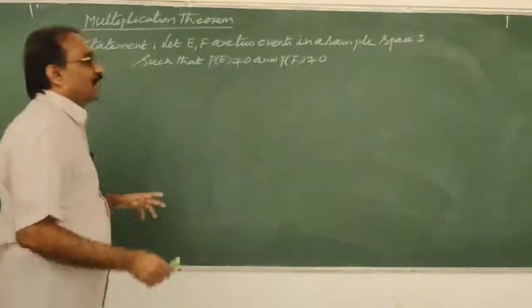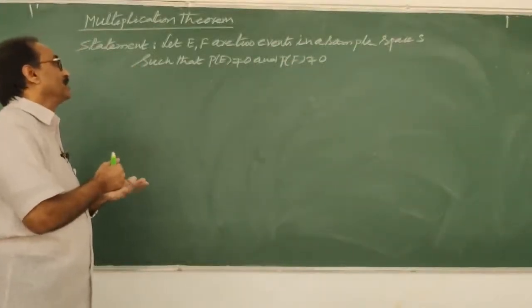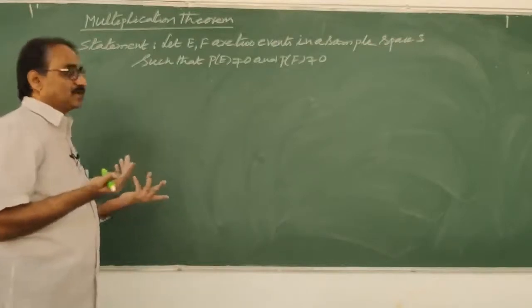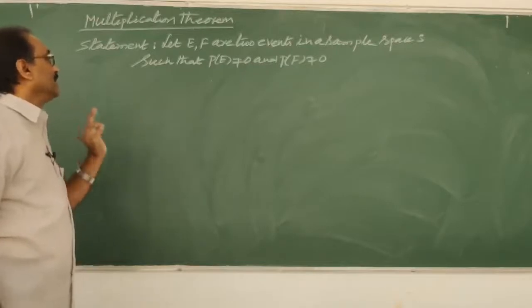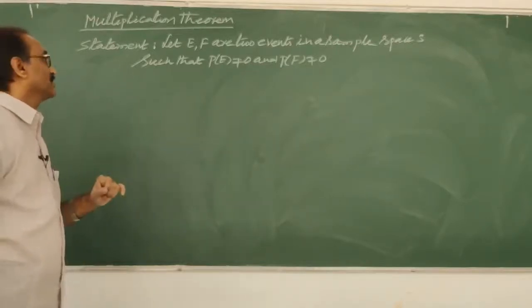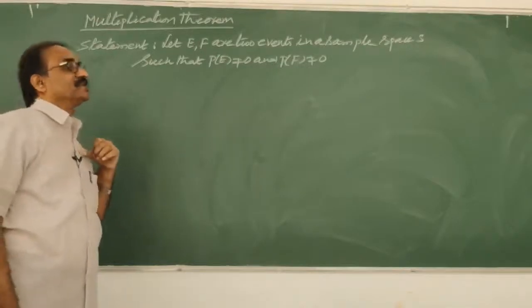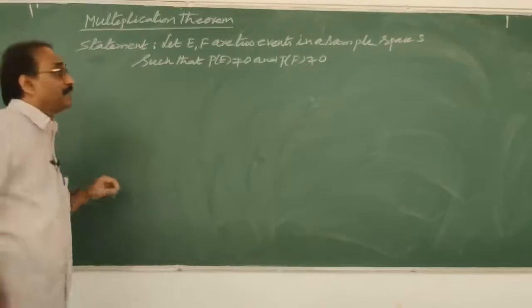First of all, we should explain what events are. If E and F are two mutually exclusive events, not necessarily, it may be possible also, that's why we won't say that. Let E, F be two events in a sample space S, such that P of E is not equal to 0 and P of F is not equal to 0.